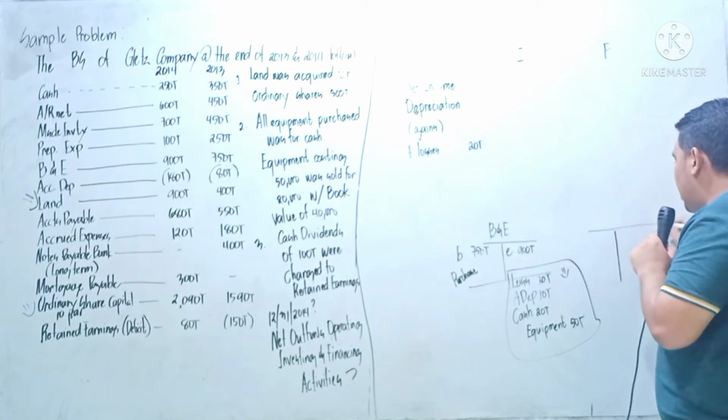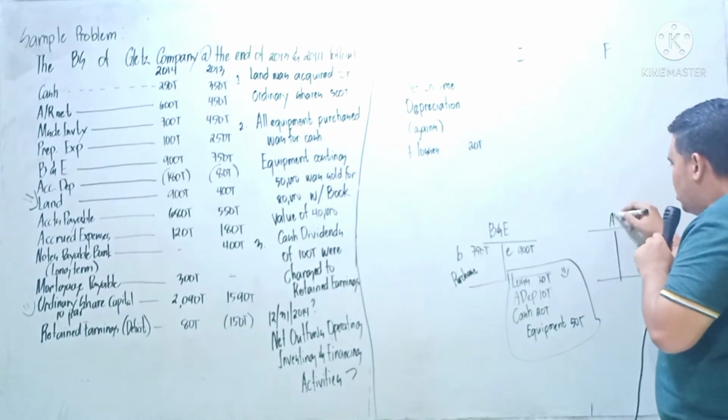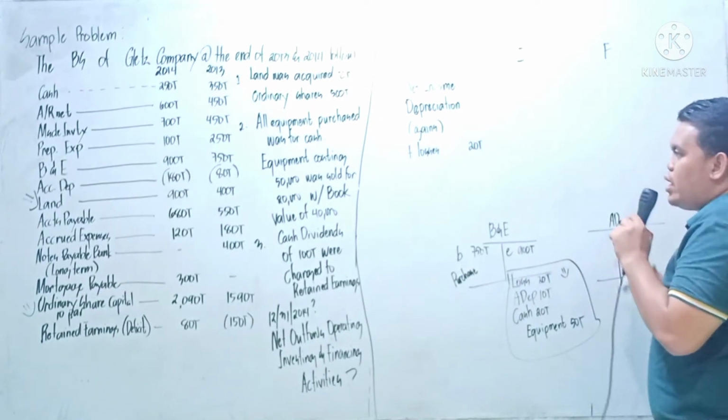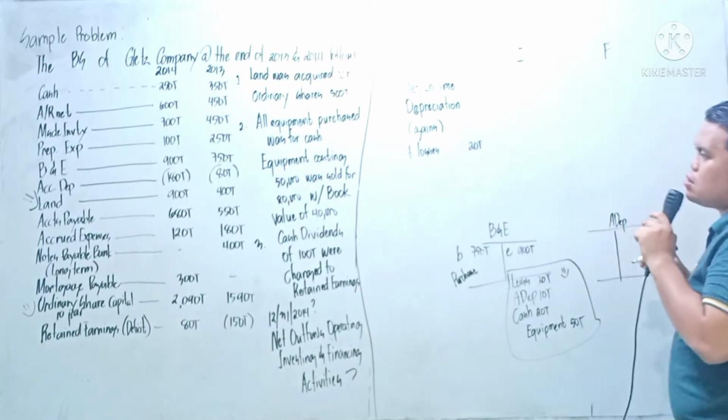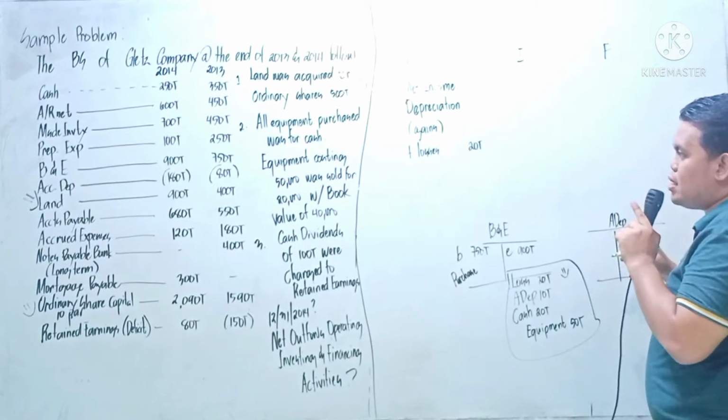So, kinahanglan na lang natong i-analyze ang accumulated depreciation for the building and equipment. And it was given there that the accumulated depreciation beginning is 80.